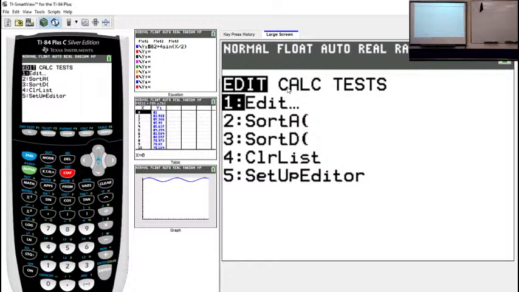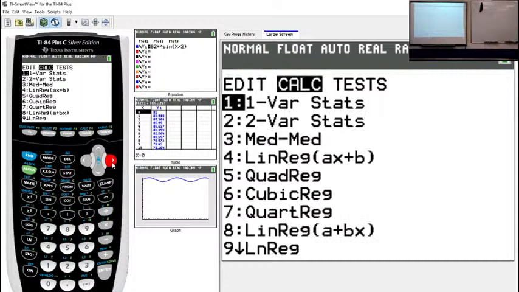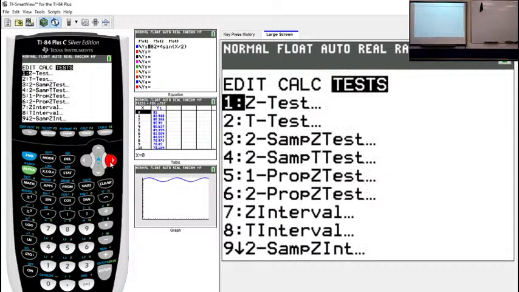Most of the time, in the stat menu, we've been doing either edit, where you put your things in the list and work with your list, or calc for calculating things like one variable stats or regression lines. Now we're going to be spending time in the third menu, which is tests. Here's all the different tests and intervals there are. We're not going to be using all of them, but most of them, by the end of this year.